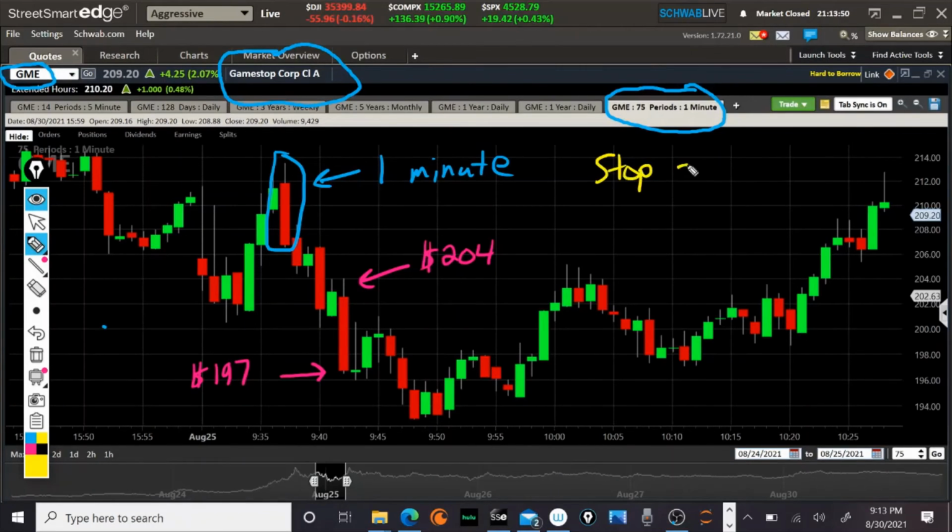So let's say we place a stop sell order at $202, for example, when it was at 204. This might execute the market order, so it'll initiate the market order. Maybe it would execute at 197.